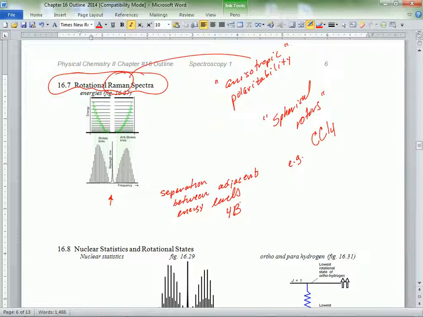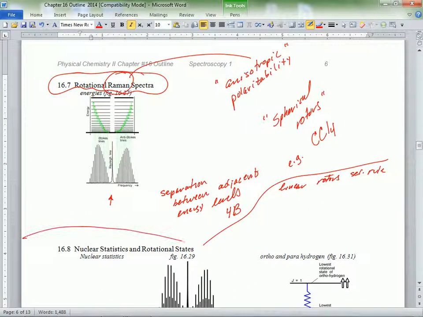So the book also wants to hit on, since all we're talking about are linear rotors here, we have our selection rule for Raman. And that's where delta J is plus or minus 2. Right? And what was a big expression? There it is.